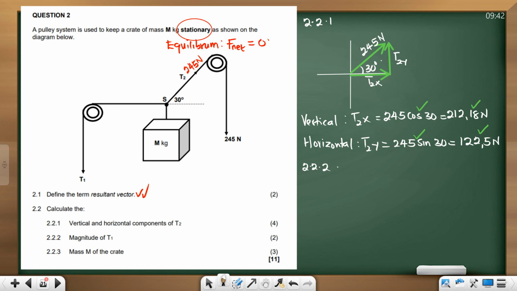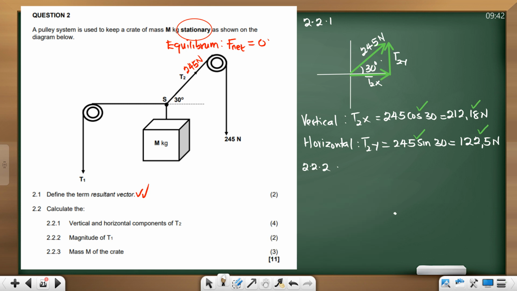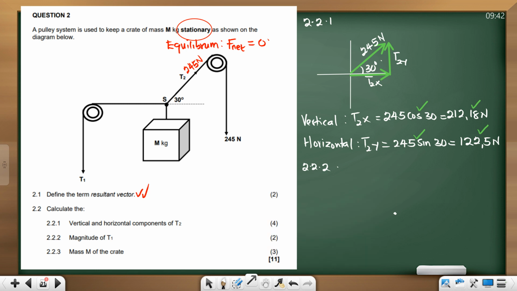This examiner must be high or something. How do we do this? Let's draw quickly. I want us to draw. T1 is to the left. Examiner says we should get the value.